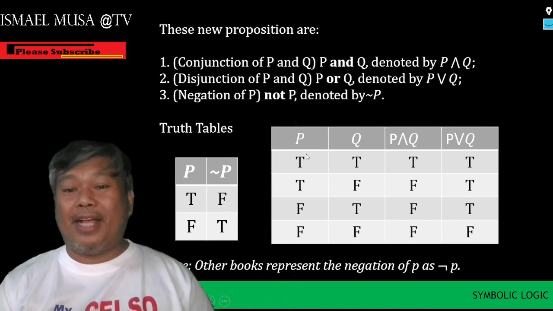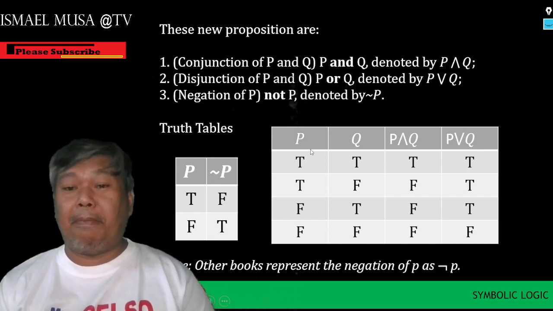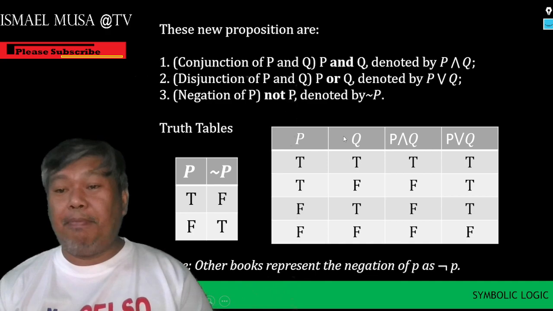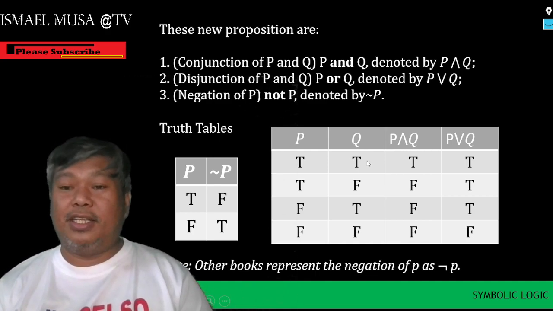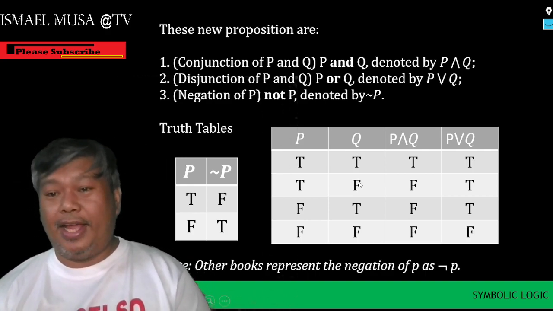So we have four possible combinations. The best strategy is, since there are four, to have 2 true and 2 false for P: true, true, false, false. Then for Q, you can begin with true or false, but I suggest you write true, then false, then true, then false. So you notice these are unique orders.